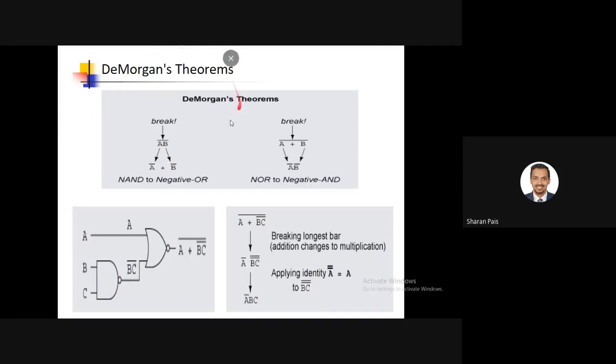The first one: whenever you have A dot B whole bar, we can write it as A bar plus B bar. Then whenever you have A plus B whole bar, that means A bar and B bar.